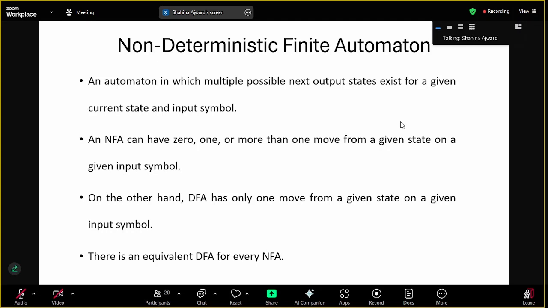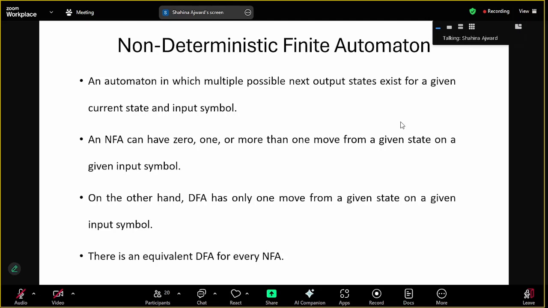When the machine is in the Q0 state and it receives an input 0, it can go only to Q1 or Q2, one particular state, right? It can't go to multiple states. So that's the condition that comes with the DFA.